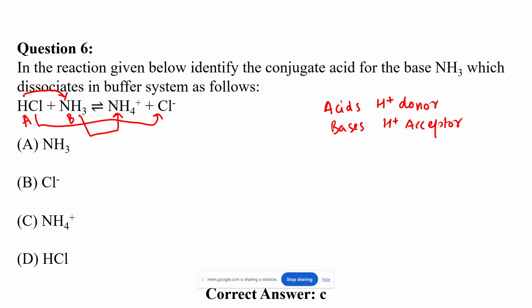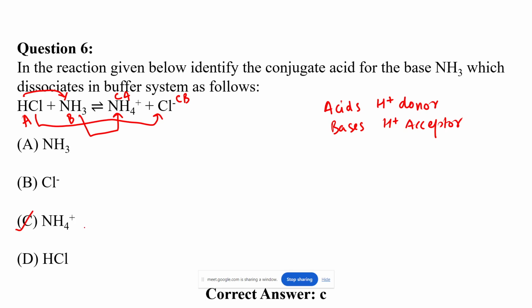Now if we have ammonia as the base, its conjugate acid will be ammonium ion. If we have HCl as the acid, its conjugate base will be chloride ion. So chloride ion will be the conjugate base and the ammonium ion will be the conjugate acid. So the conjugate acid for the base ammonia is ammonium ion, that is option C.